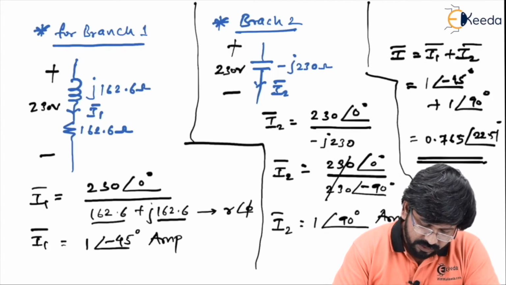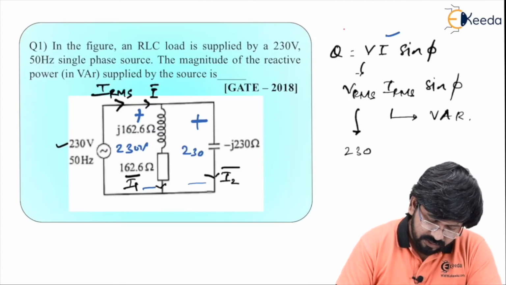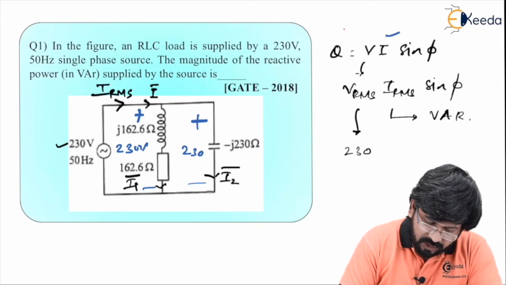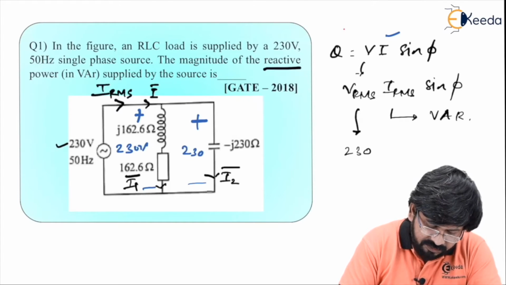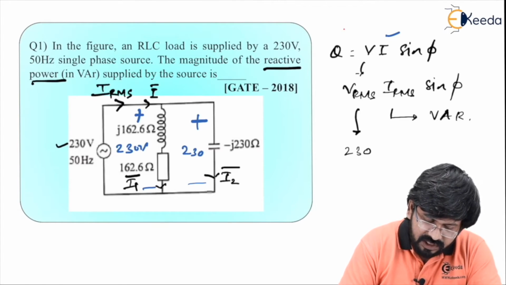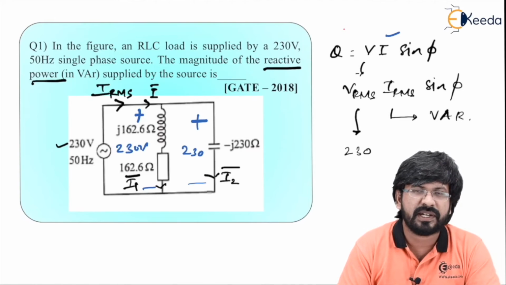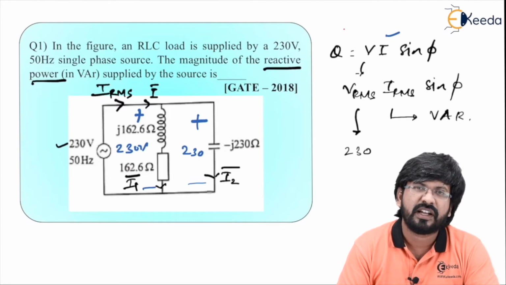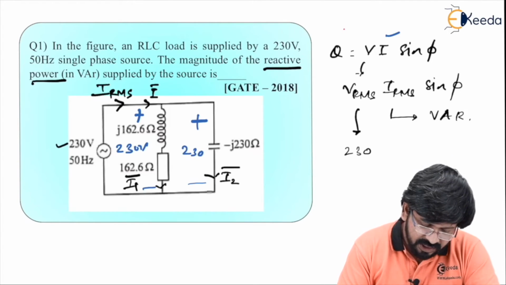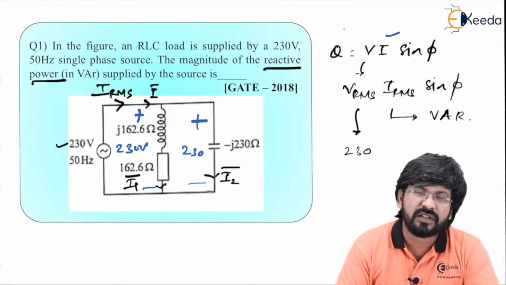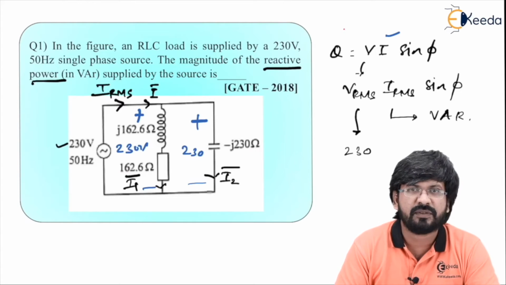We'll just go back to the question. What we had to calculate, the magnitude of reactive power in volt ampere reactive supplied by source. When they say supplied by source, of course V will be supply voltage, I will be supply current, and it is sin phi, where phi is actually called as impedance angle. But then if you go on calculating impedance over here, I don't say it is impossible, but then it will take so much time.